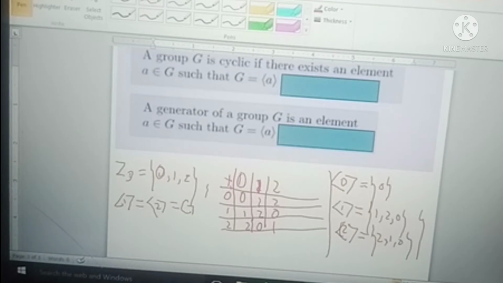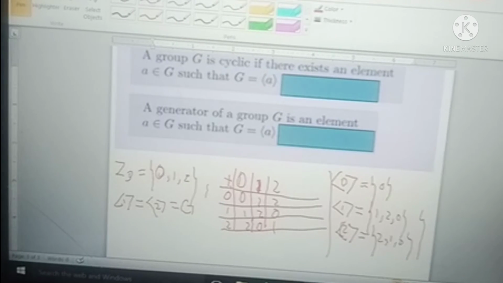So we can conclude that this group is a cyclic group because there exist elements 1 and 2 that generate this group. Therefore 1 and 2 are generators of this group, which is G mod 3, the set of integers modulo 3.